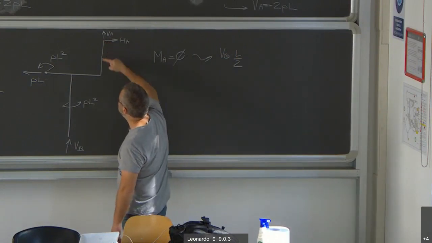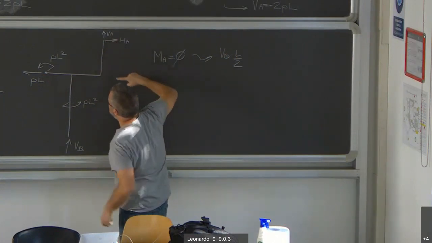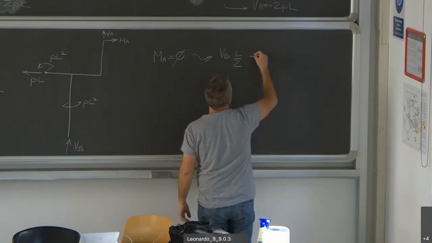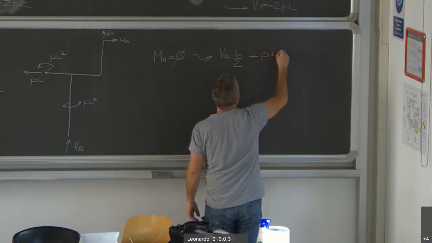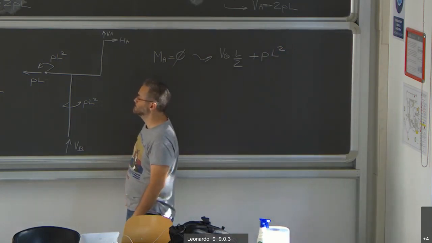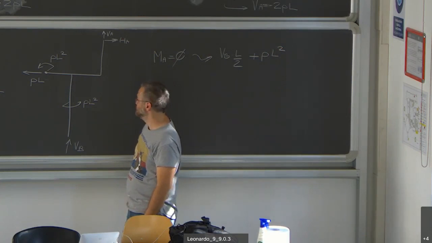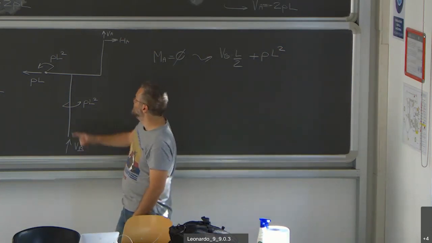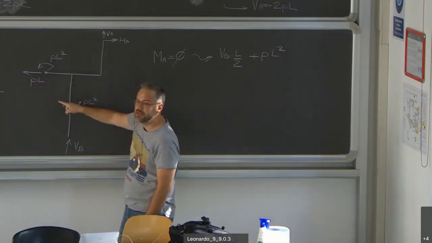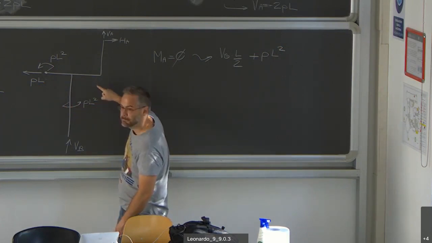Then with respect to this point, we have PL times L, so PL square, which is clockwise. Then we have PL square, which is counterclockwise, and we have PL square, which is counterclockwise.